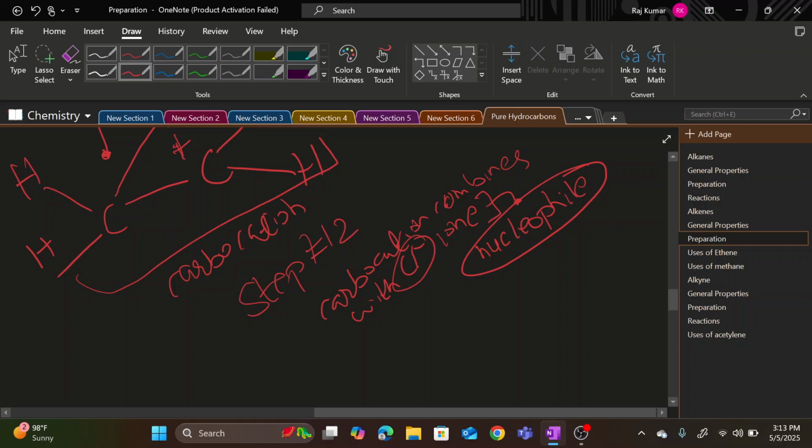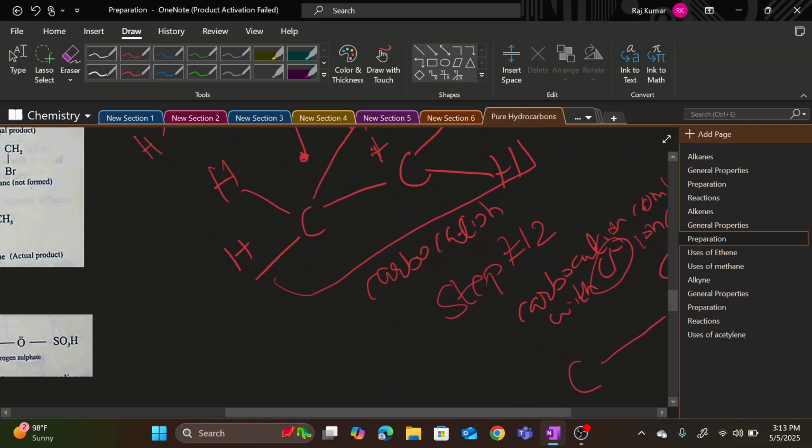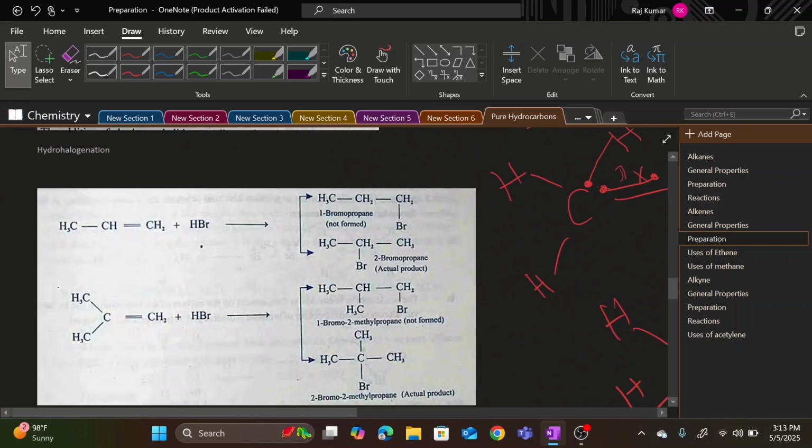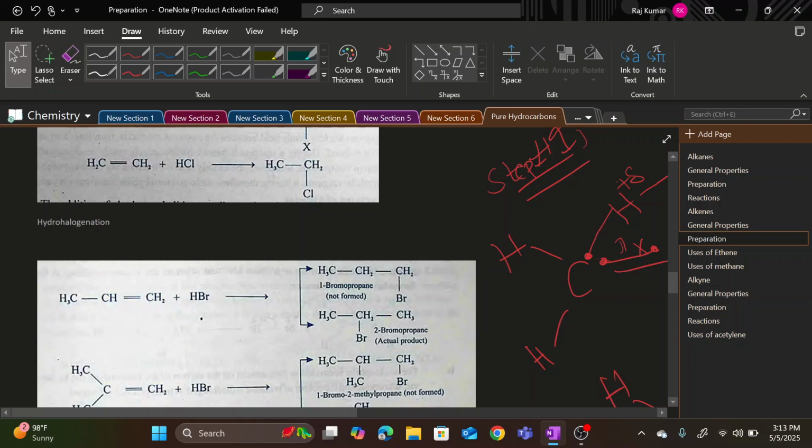So when the carbocation combines with a nucleophile, this will produce the alkyl halide. So these are the two steps. Number one is formation of carbocation, and number two is joining of the carbocation with the nucleophile.